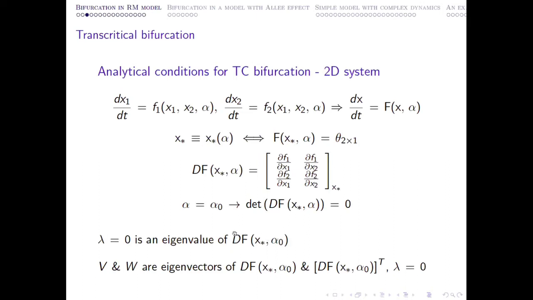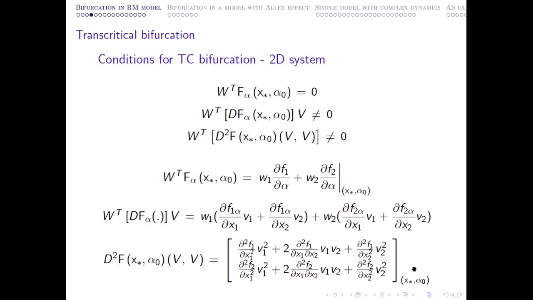And if you consider this as a 2 cross 2 square matrix, then lambda equal to 0 is an eigenvalue of this matrix as well as the transpose of this matrix. So therefore, for Df and Df transpose, we need to calculate eigenvectors v and w associated with these two matrices corresponding to the eigenvalue 0.